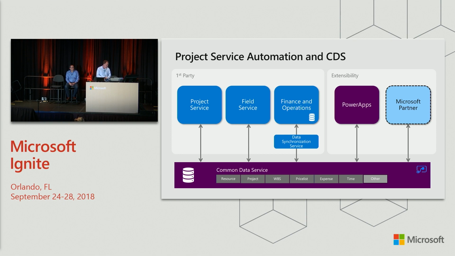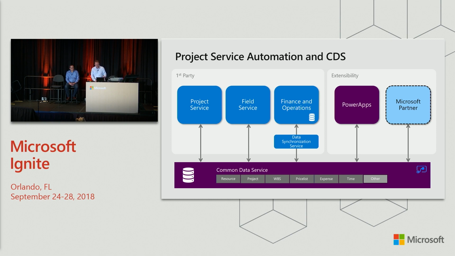This includes things obviously like project service, field service, finance and operations. You'll see I've got a little caveat there with a synchronization service. And then on the right-hand side, Power Apps. And then the Microsoft partners yourselves. You're able to go and build stuff that either sits on top of the CDS directly or connects to the CDS through open technologies like OData.